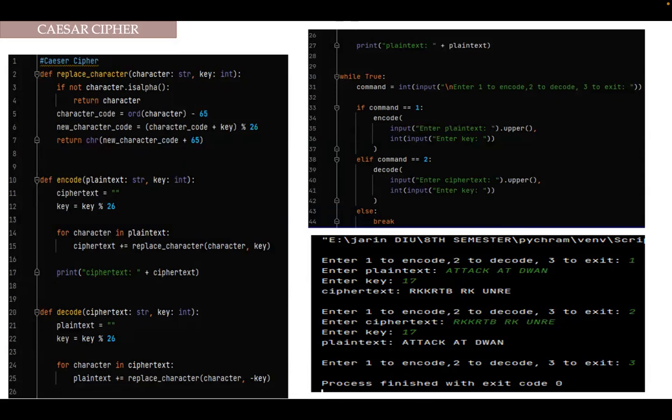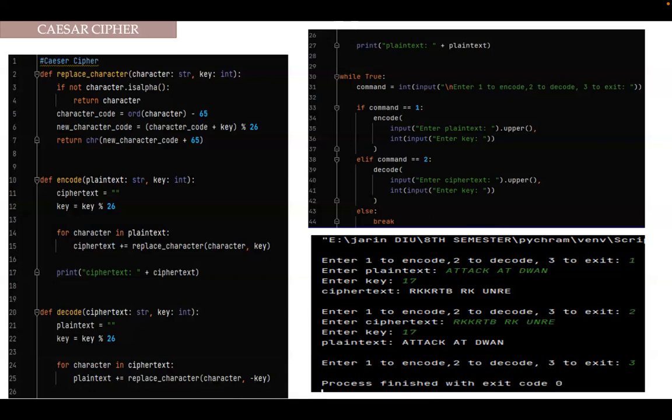And our main code was our character code plus key, and we divide it by 26, and the remainder is our main index number from which we can get our plaintext to ciphertext and also our ciphertext to plaintext.